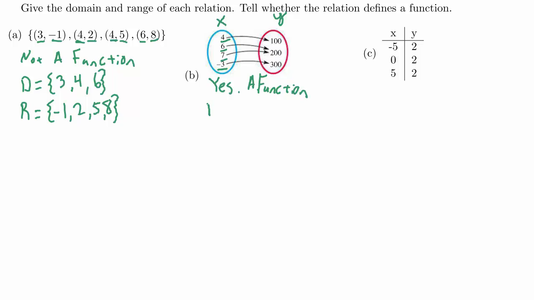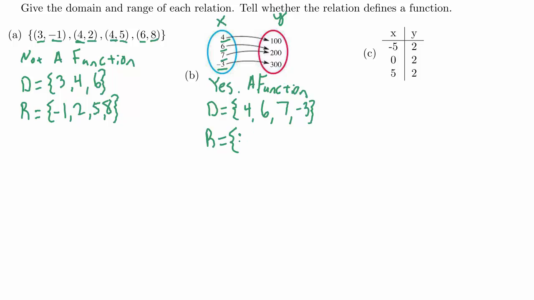Now let's look at the domain and range. The domain comes from the X values, so it's just all those values. So the domain here is 4, 6, 7, and -3. And the range will come from the Y values.